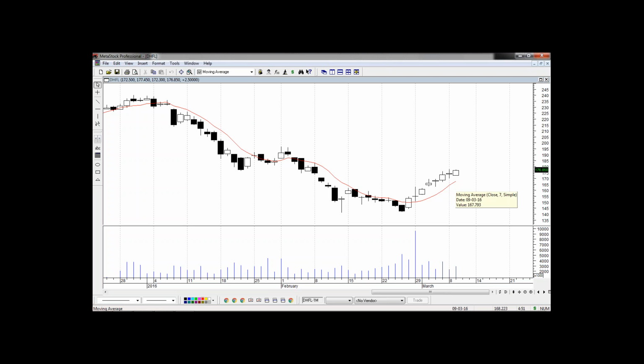What I have done is put in a simple day moving average on this chart. The current price on my moving average is somewhere around 167. So this is my stop loss. As the chart moves up, my moving average would move up. Any day the stock reverses and breaks below the moving average, my stop loss would get triggered and I'll exit my position. So this is how I use stop loss with moving average.